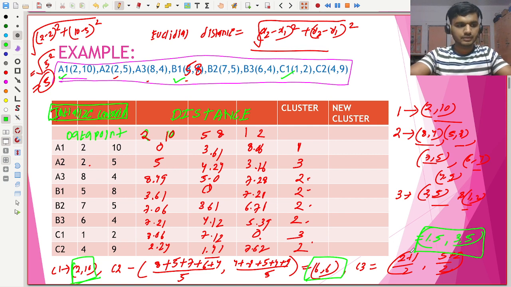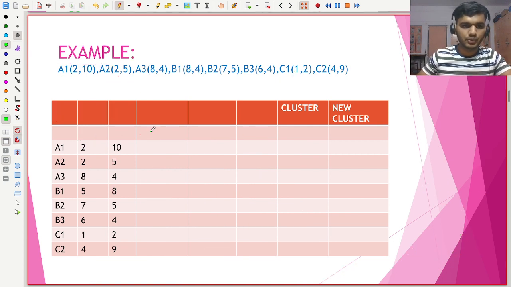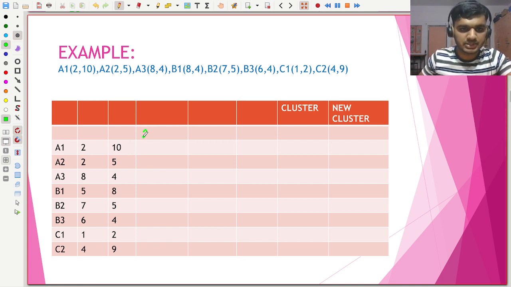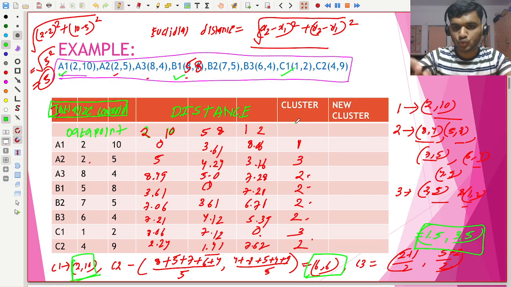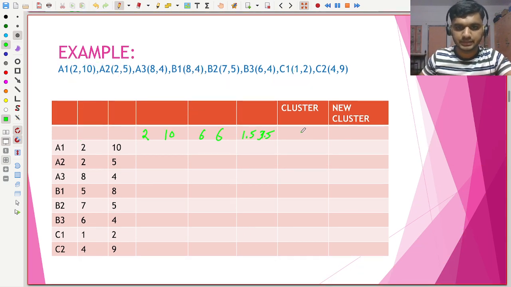The first one is always the same. The previous cluster was 1 3 2 2 2 2 3 2, so we write the cluster like this: 1 3 2 2 2 2 3 2.